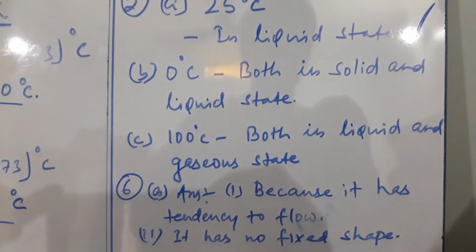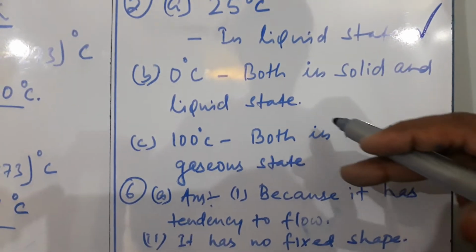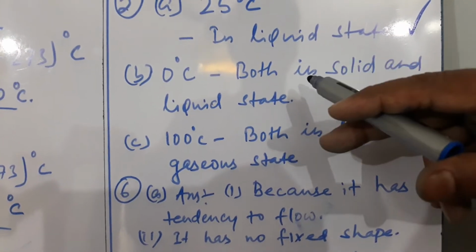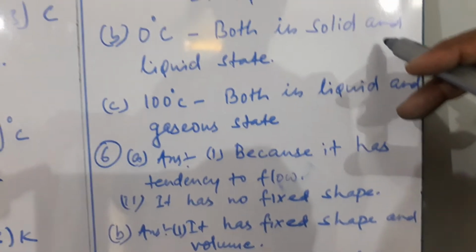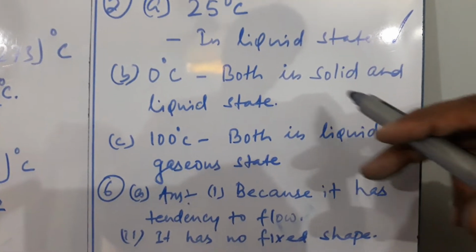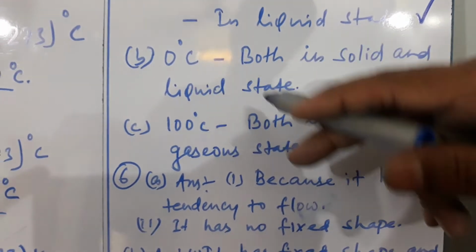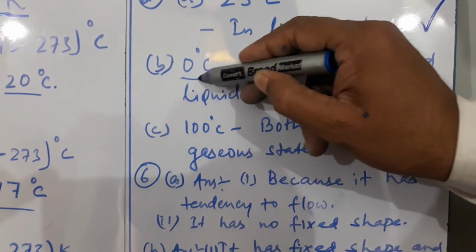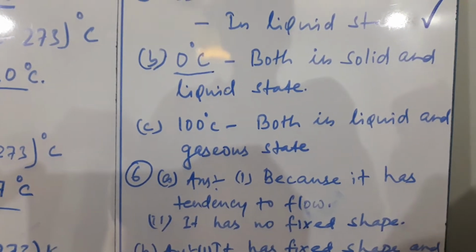In the case of 0 degrees centigrade, see, in this case water is present in both the solid form, that is ice, and also in the liquid state. Actually, this temperature is a transition state.